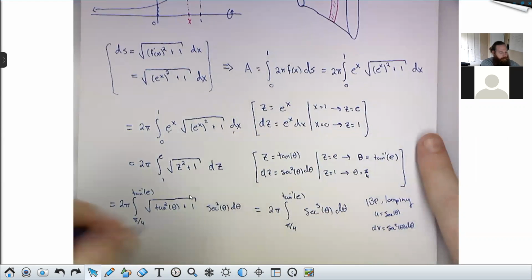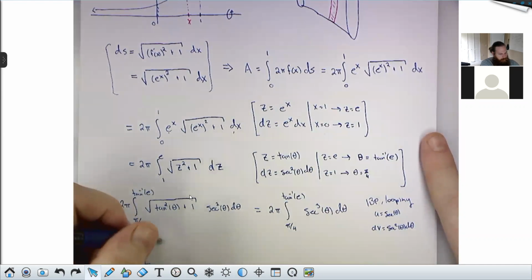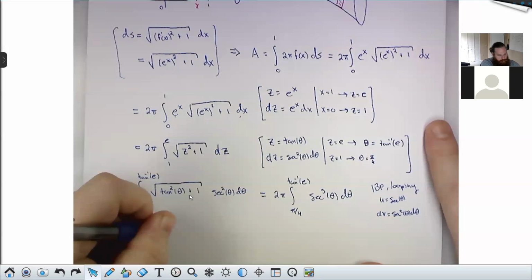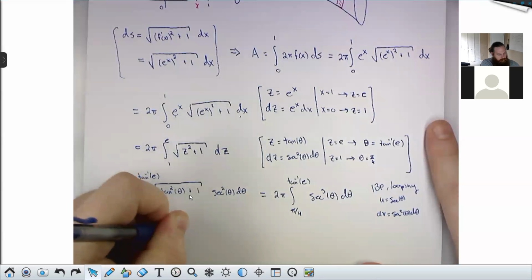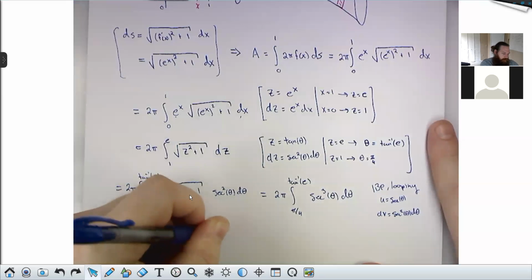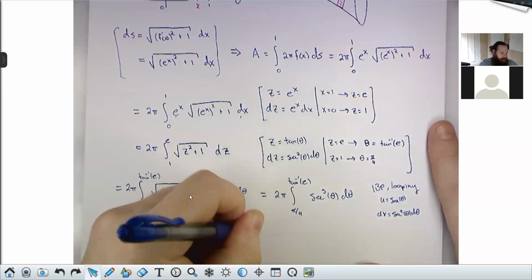It takes one run of IBP, and what you'll get is that the integral of secant cubed is 1/2, so we'll get an over 2 up front here, secant theta tangent theta plus the natural log of the absolute value of secant theta plus tangent theta.